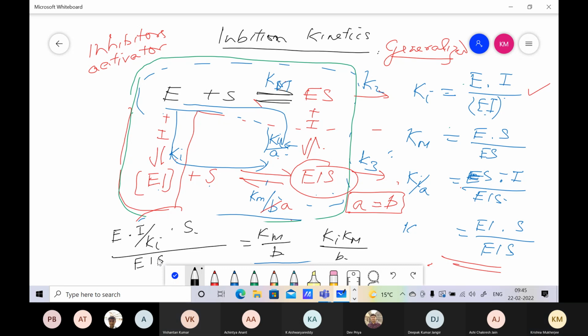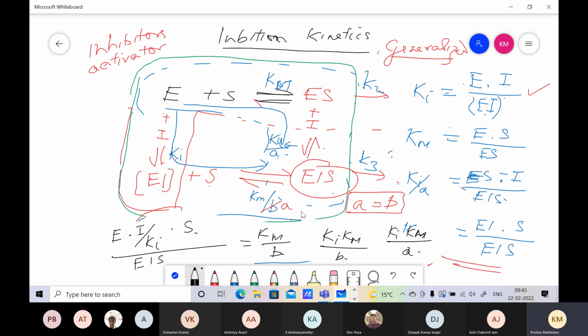Right? And what about this way around? So it will be Km into Ki by A. So that's it. So that is the same thing, right? Ki Km by A, Ki Km by A will be equal to the same thing. So therefore A and B are the same.